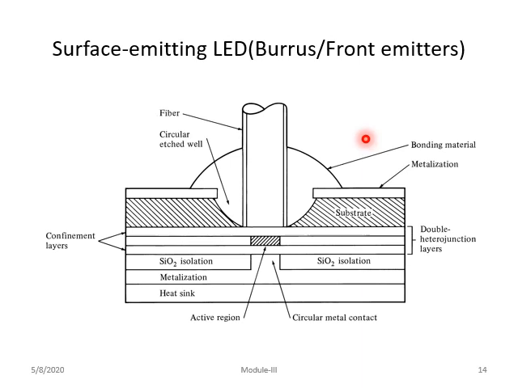It is a high radiance surface emitting LED with a circular etched well. You can observe that we are fitting the fiber through that substrate, along with the metallization and heat sinks. The carrier confinement layer is this and the recombination region is this, and together they form a double heterostructure junction.